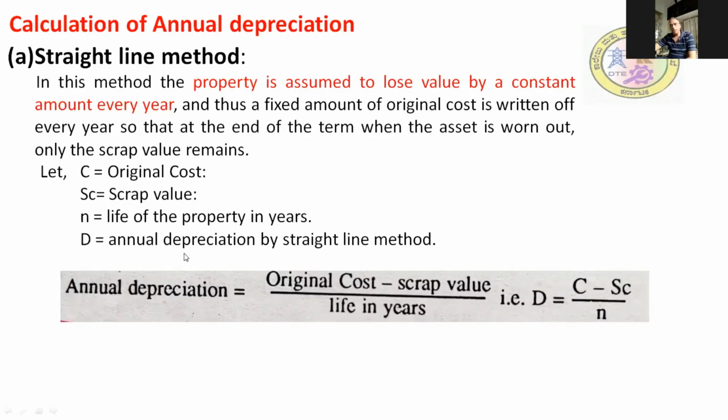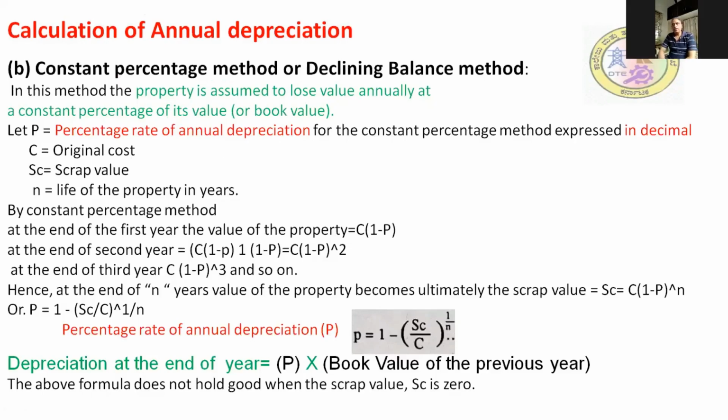Annual depreciation as per the straight line method is calculated using the formula: original cost, that is the present cost of construction or present cost of the property, minus scrap value, divided by the life in years. This is the formula we use to calculate the annual depreciation in the straight line method. Similarly, the constant percentage method is also called the declining balance method.